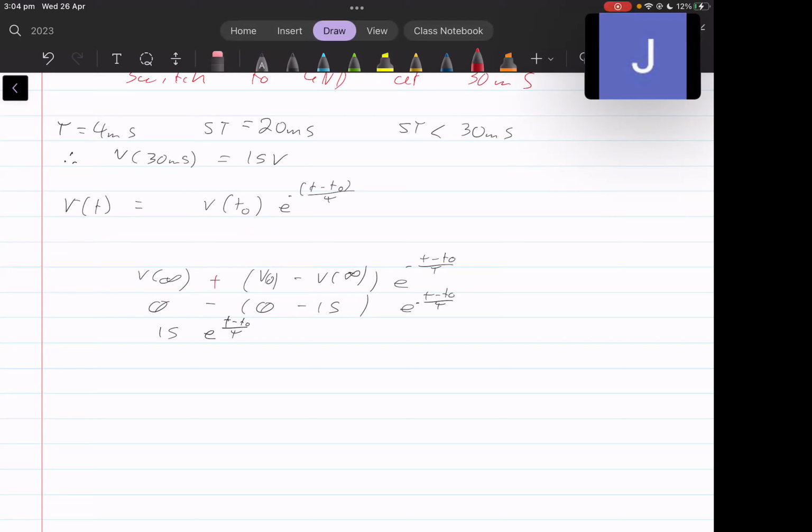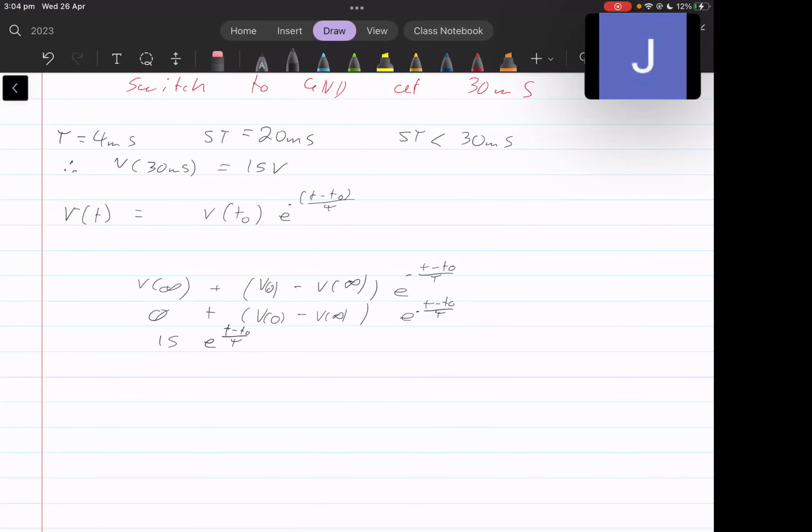Okay, sorry, I wrote this differently to how you normally see it. Are you used to seeing it with a plus and this way around? Okay. Sorry to confuse people there. So that one is 15. Yeah, that works. Okay, cool.